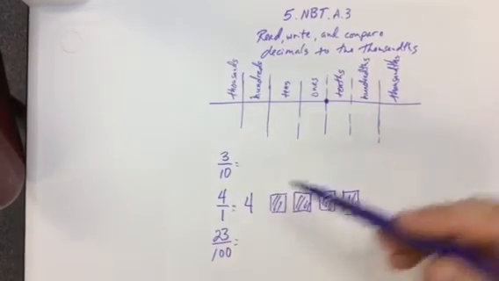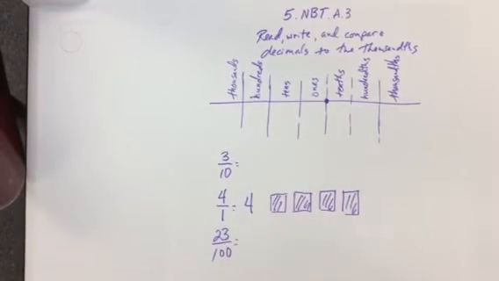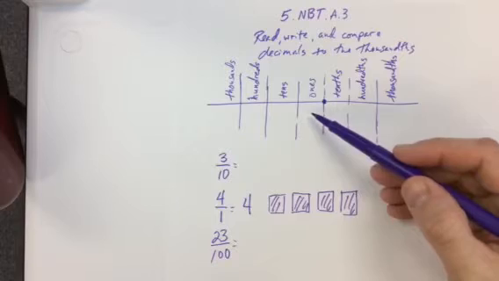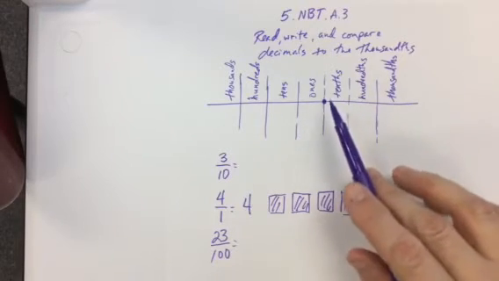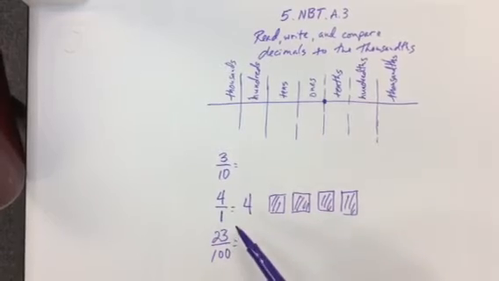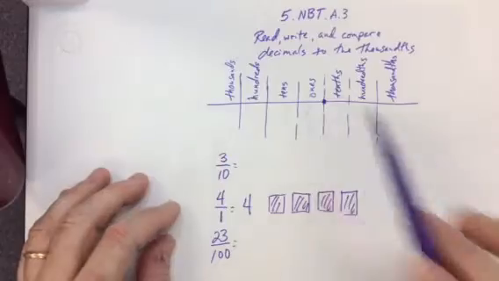There are only wholes. So if I were going to, on this place value chart, put 4 over 1 up here, it would be in the ones place. So there are no ones, because if you have a denominator of 1, it is a whole. So that is why there are no ones.